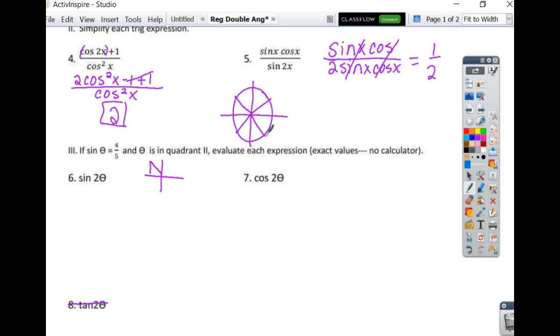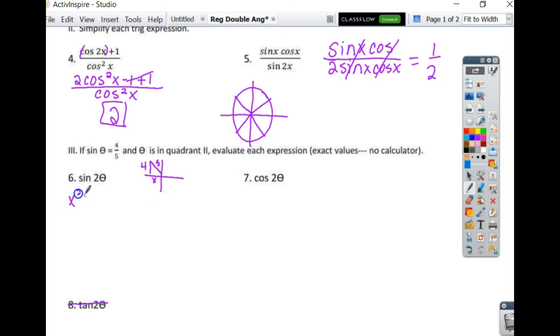So this is 4. What's the 5? It's the radius. So if that's 5, what's the x value there? You have to use the Pythagorean theorem to find the x.